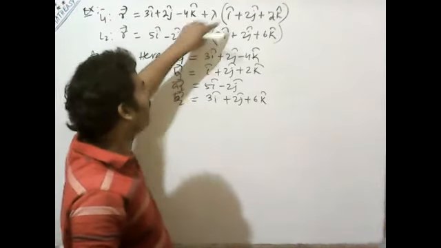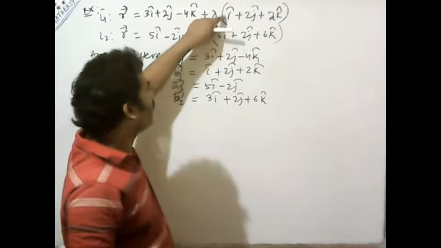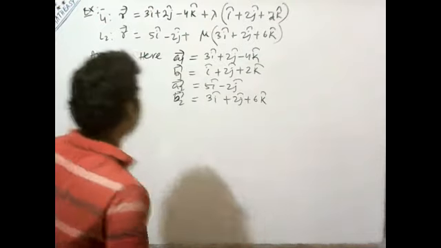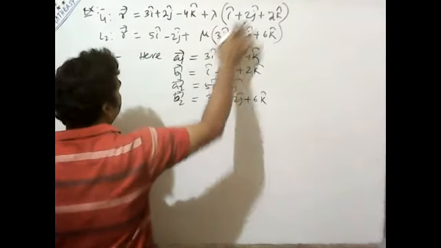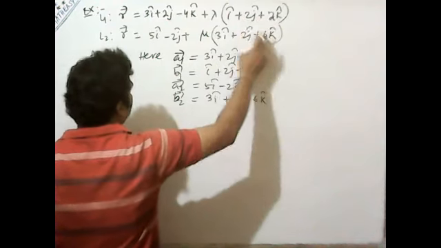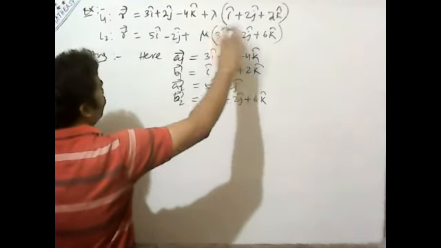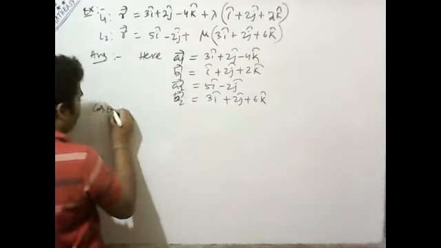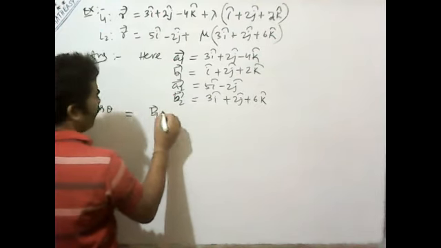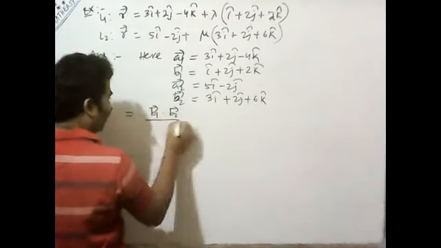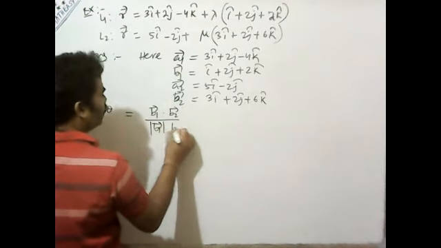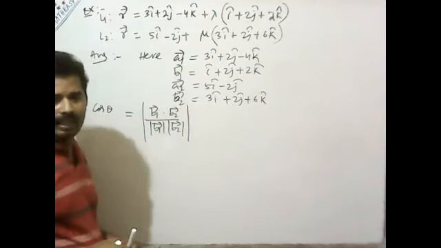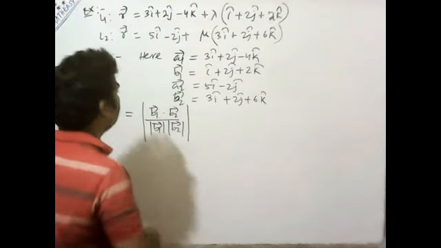Now think about the concept: are they perpendicular or parallel? How will we check? Simple funda: A1 by A2, B1 by B2, C1 by C2 are not the same, so they are not parallel. Now we have to find the angle using the formula cos theta is equal to B1 vector dot B2 vector divided by the magnitude of B1 and the magnitude of B2, the whole magnitude. This is the formula. By taking this formula, what will we do?